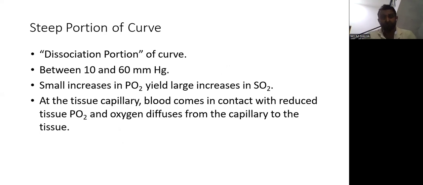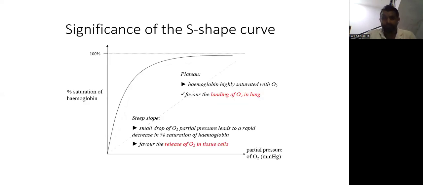So in the steep portion of the curve, the dissociation portion, between 10 and 60 millimeter mercury, a small increase in partial pressure of oxygen yields large increases in saturation of the hemoglobin. At the tissue capillary, blood comes in contact with the reduced tissue oxygen, and oxygen is released from the capillaries into cells. That's why the hemoglobin saturation is reducing, because it releases the oxygen.